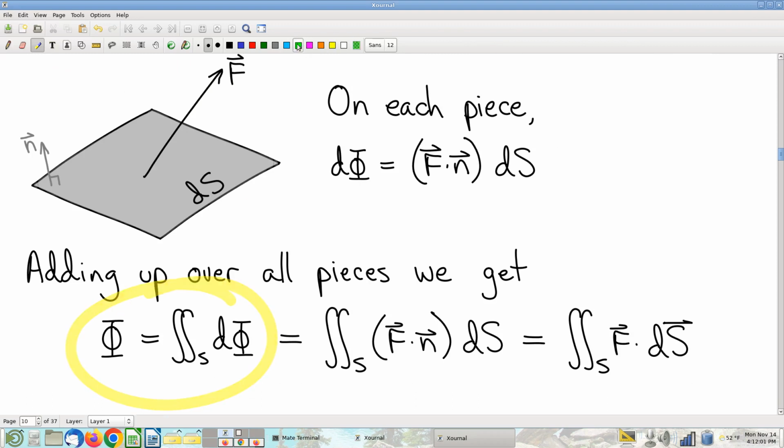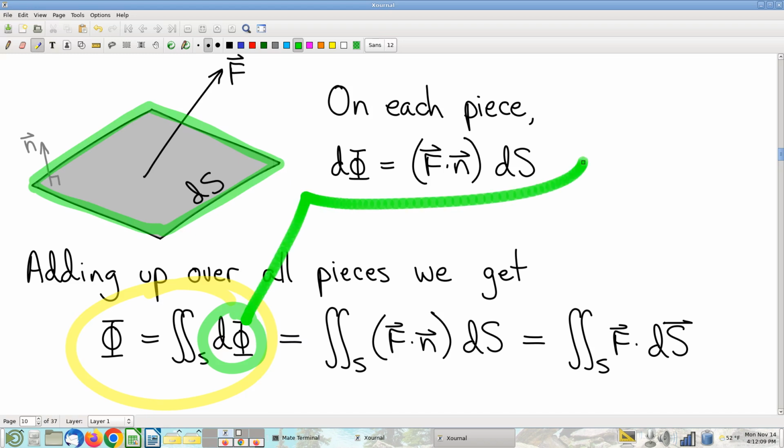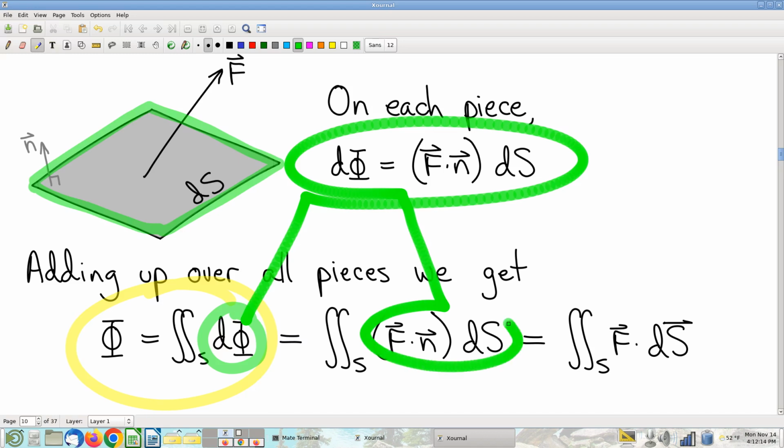And then looking at any little single piece here, the vector field's constant, the surface is flat. So we can use our old formula for flux, F dot n times the area. We're looking at a little piece of surface of area dS.